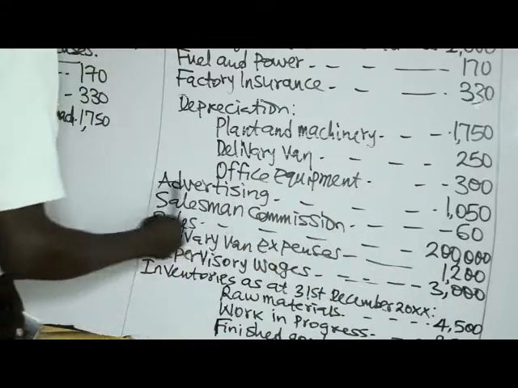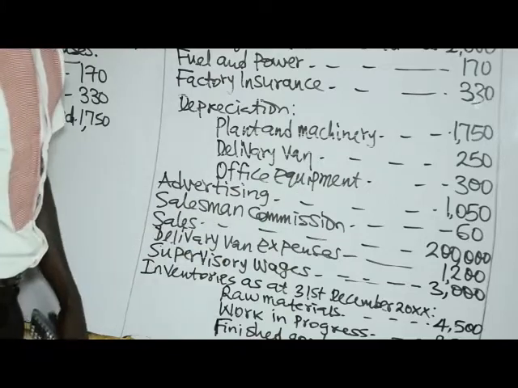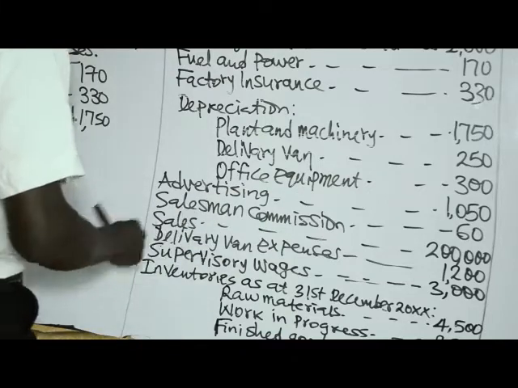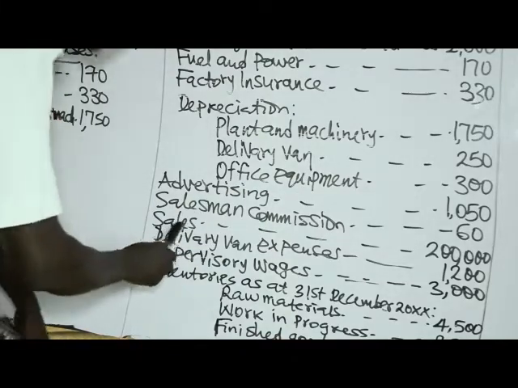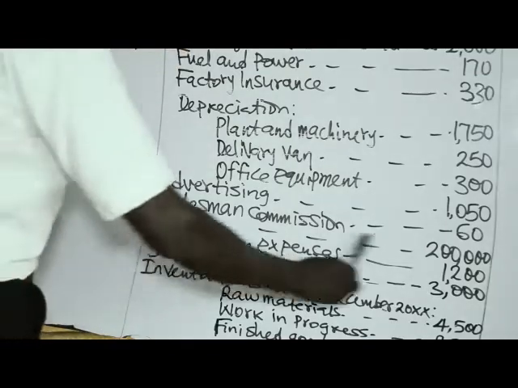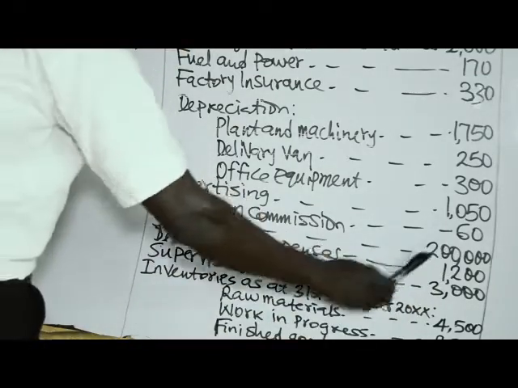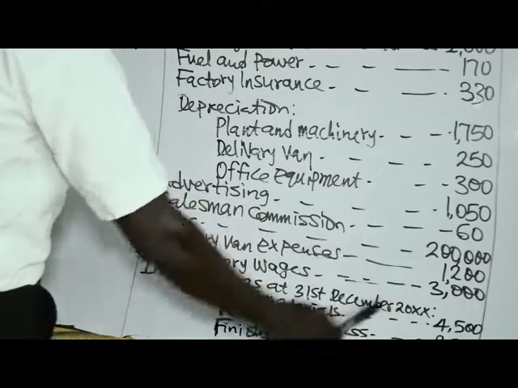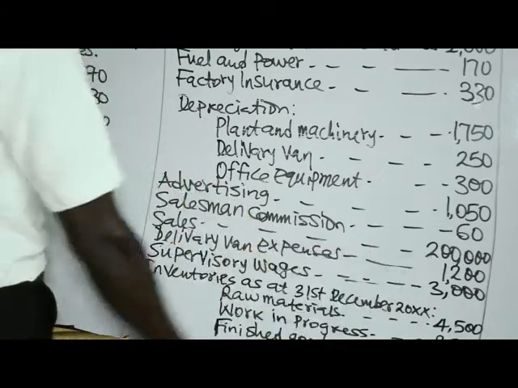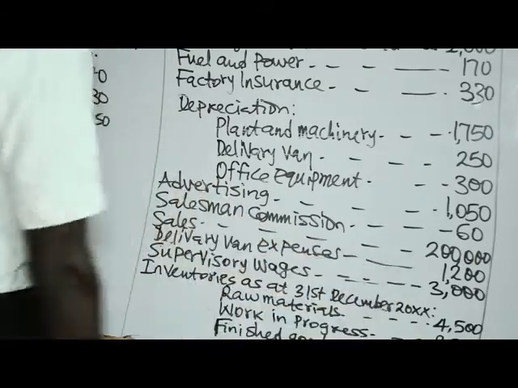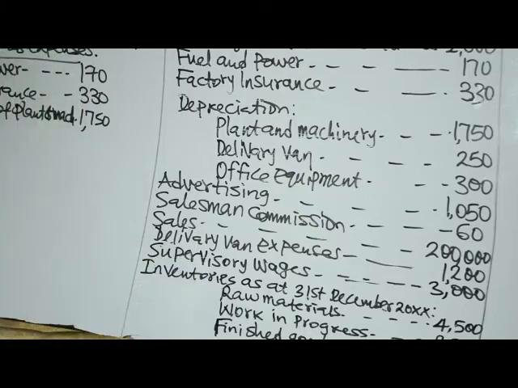So, since it is a selling expense, it should not be treated as a factory overhead. The next item is sales. Sales is the revenue, and that revenue should be used in the statement of profit or loss. If you are a beginner, it will be used in the trading profit and loss account. It will be used in trading accounts, so not an overhead.